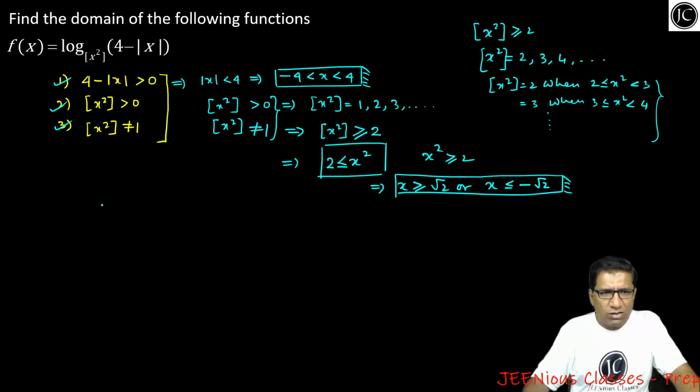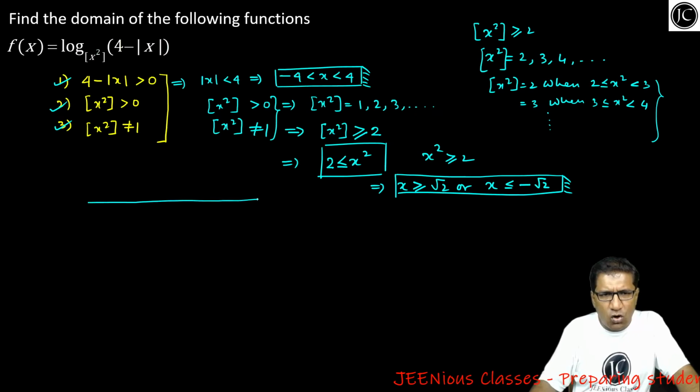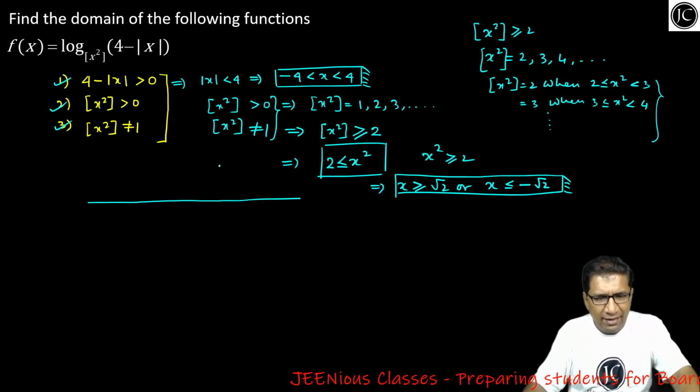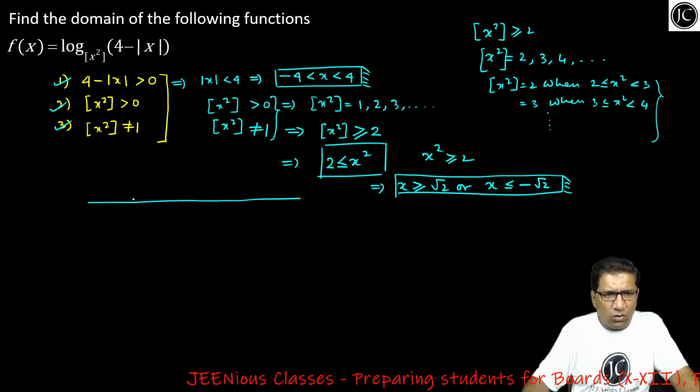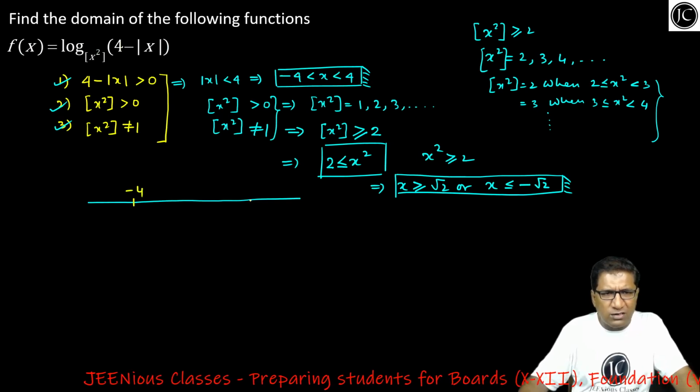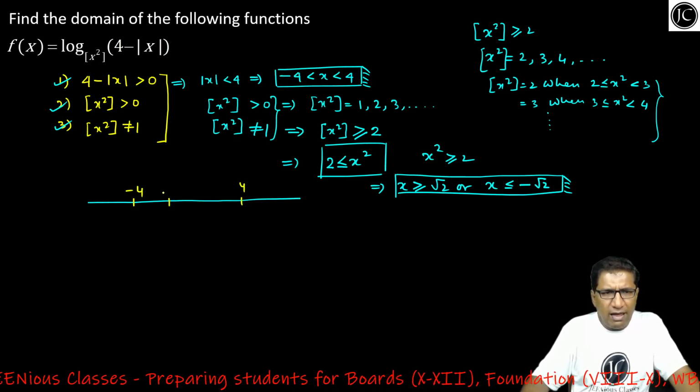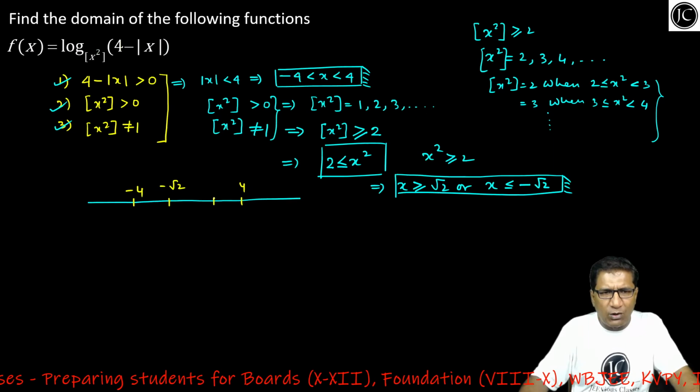अभी हम लोग को क्या करना पड़ेगा, इसके और इसके अंदर जो कॉमन रीजन है उसको निकालना पड़ेगा. So let me do one thing, let me just draw a number line. और इसमें मेरा जो क्रिटिकल पॉइंट्स है, यहां पर -4, यहां पर 4, यहां पर माइनस रूट 2 और यहां पर रूट 2 है.